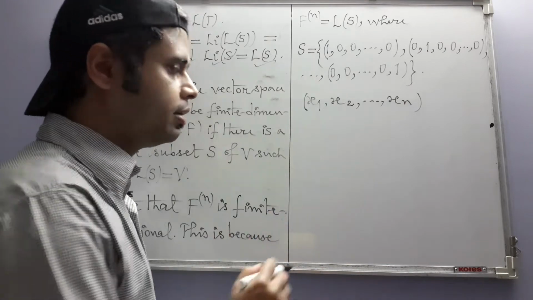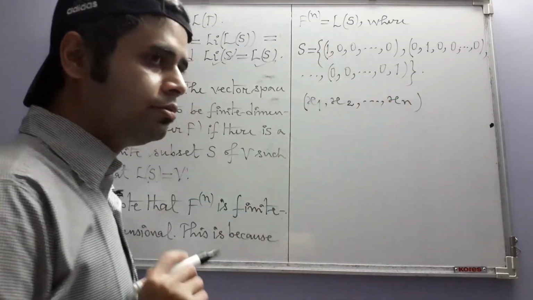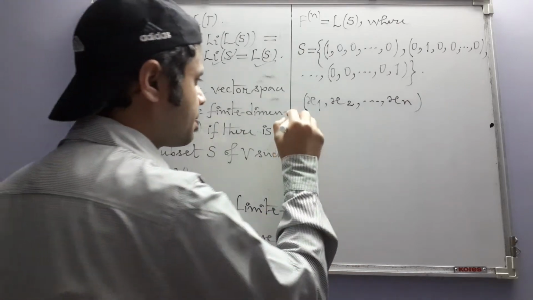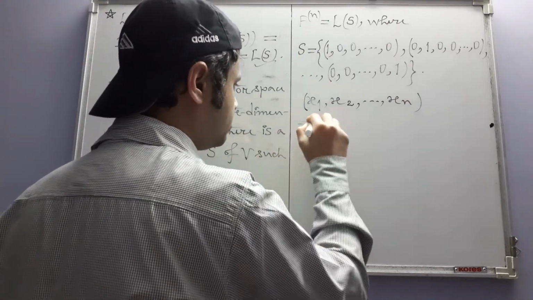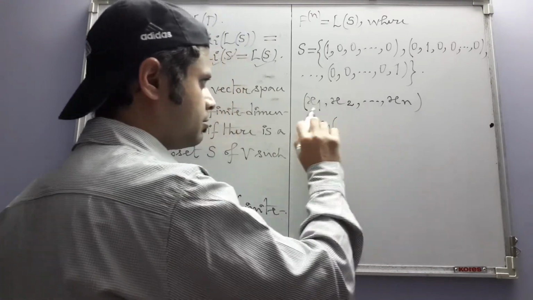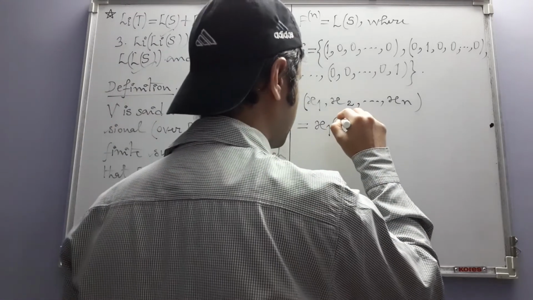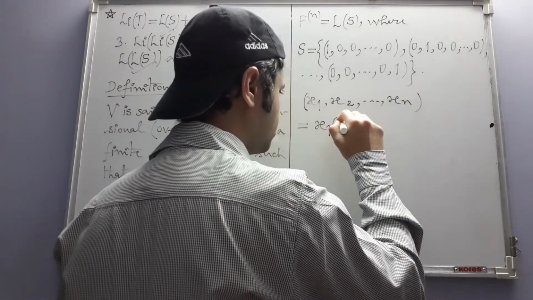They are field elements. This is the additive identity in the field and this is the unit element in the field. You can see pretty easily, considering the operations in Fn, addition and multiplication by scalar, that this vector can be written like this.